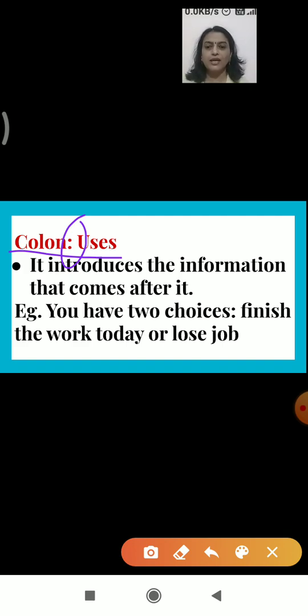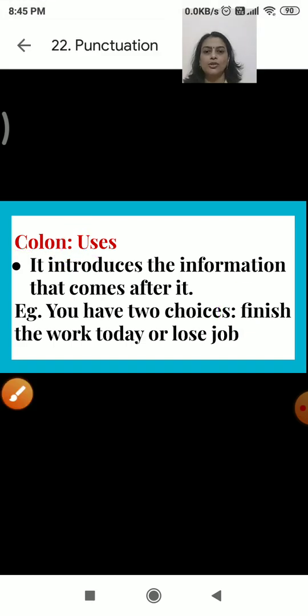For example, you have two choices: finish the work today or lose the job. Which are the two choices given? Finish the work today or lose the job. Followed? So that is the colon.